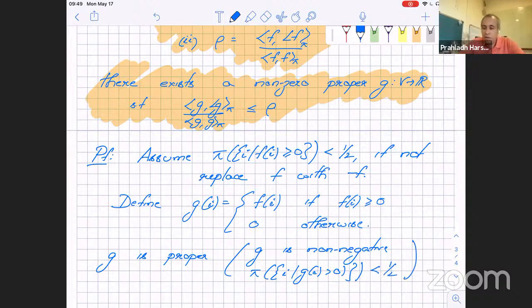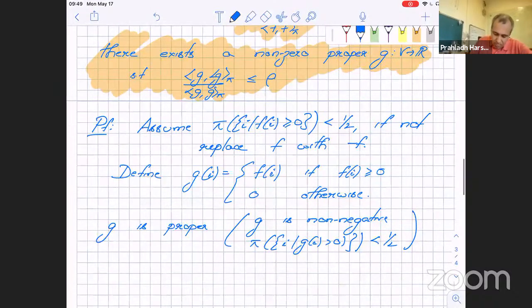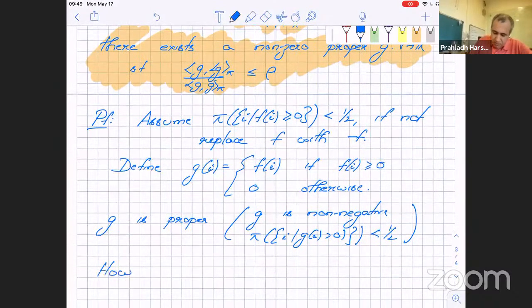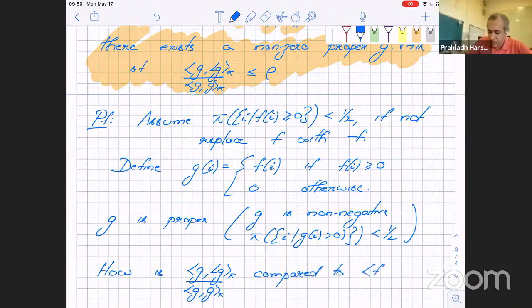Now, what we need to understand is the Rayleigh coefficient corresponding to G. We want to show how G L G with respect to pi compares to that of f.